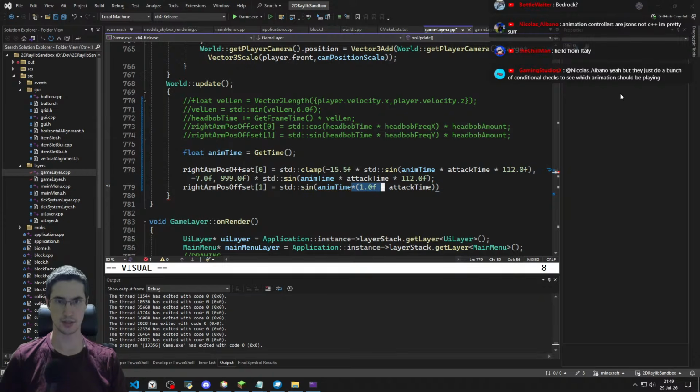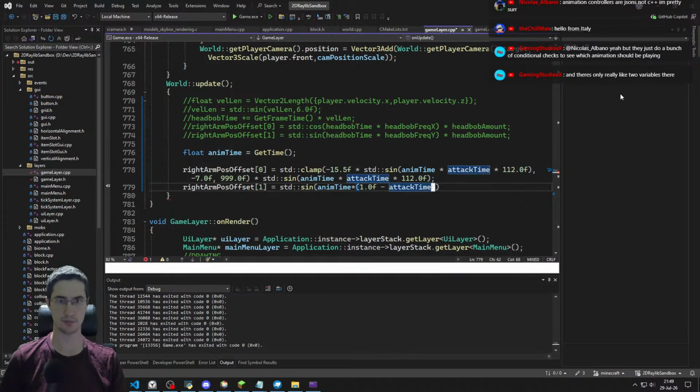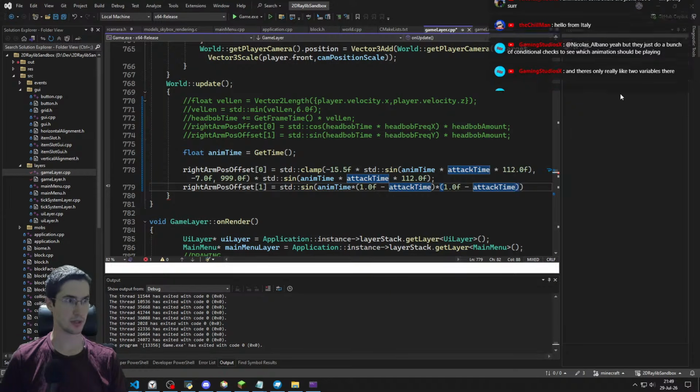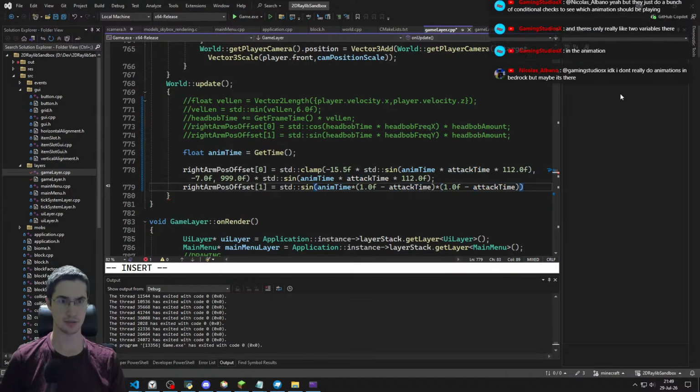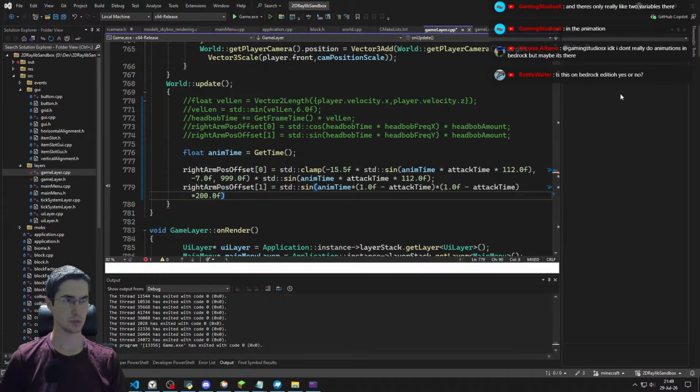We multiply it again by the same. What else? Then multiplied by 200. Multiplied by 7.5. Minus the rotation. Let's not subtract anything. Let's keep it simple.